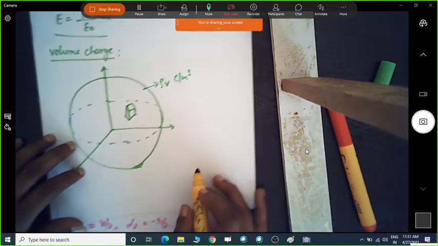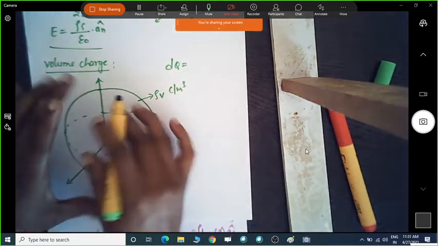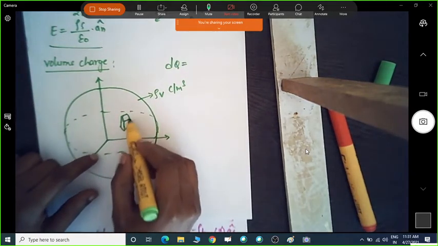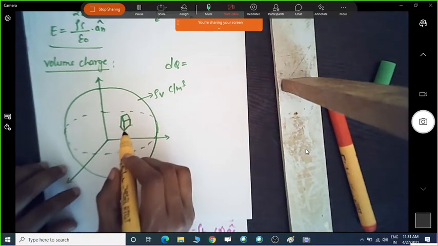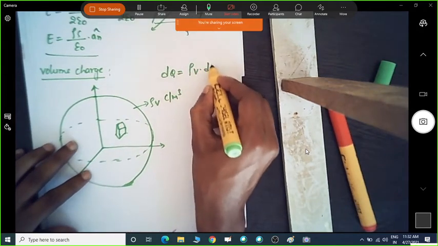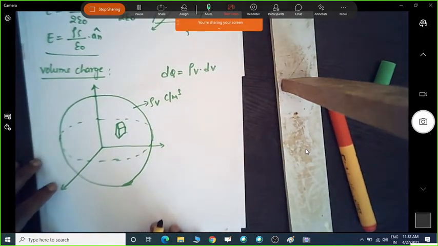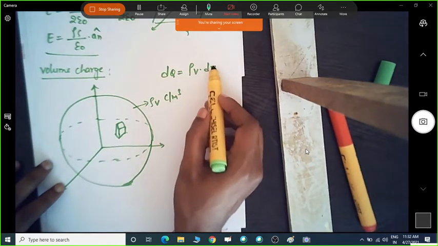We have the charge associated with the volume, a small charge element dq, which is nothing but rho v into dv, a small volume. So this is the volume charge density, and this is the differential volume.